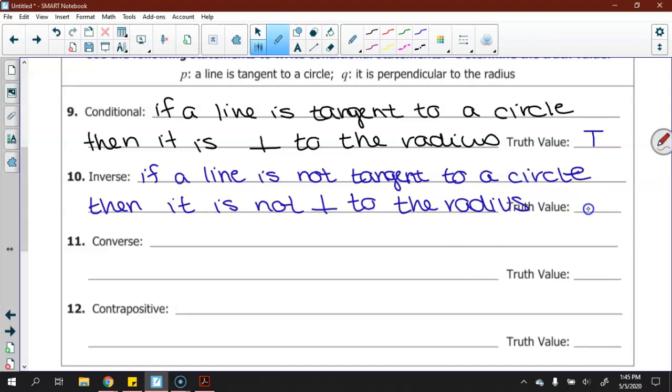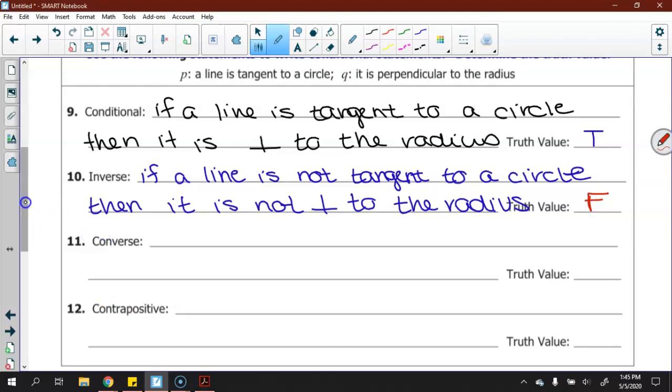This one's going to be false because, do you guys just want to trust me on it, or do you want me to actually draw why it's false? Just like go over it. Yeah, go over it. Okay. Just explain it real quick.